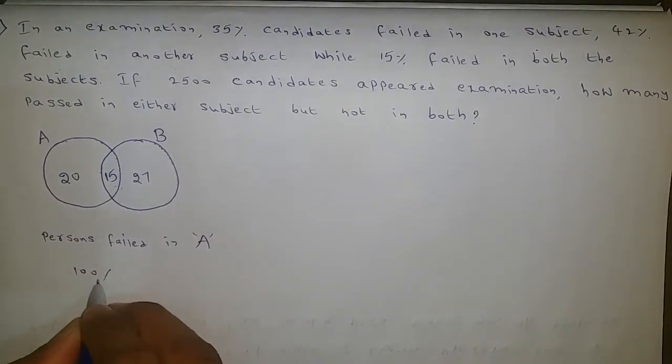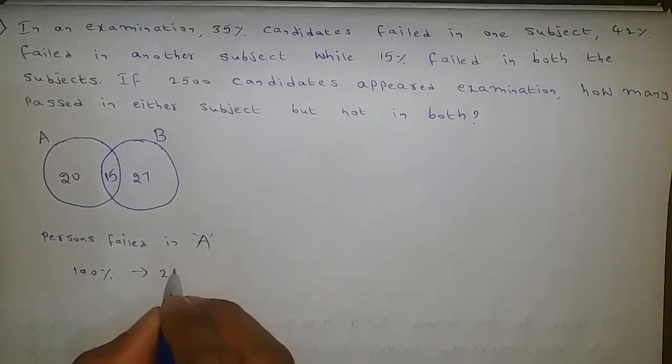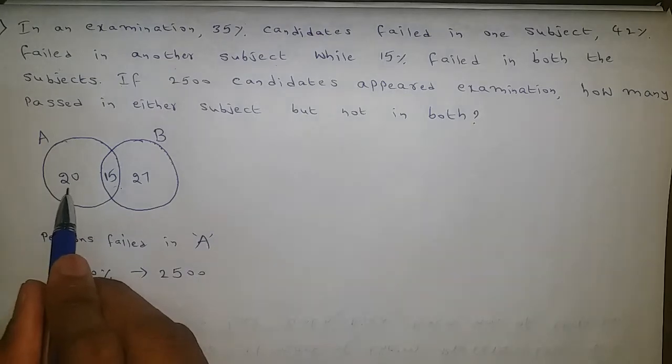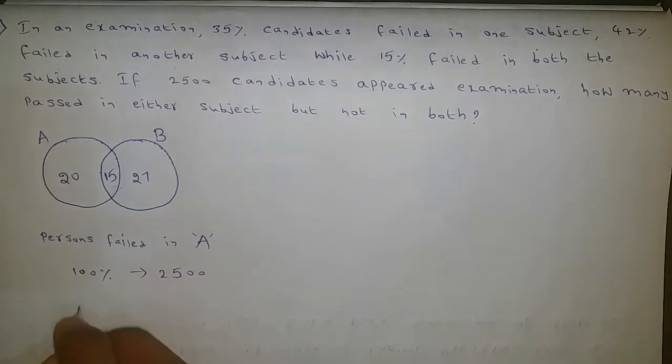So 2500 candidates are 100 percentage. Then from that, 20 percentage candidates failed. So those 20% candidates, how many?